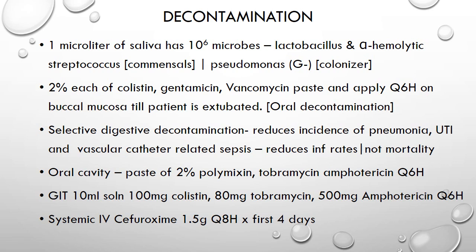Systemically, cefuroxime is given for the first 4 days. There has been a lot of debate about these protocols of decontamination because they don't reduce the mortality, they only reduce the infection rates, and they also reduce the length of ICU stay. The risk and benefit of both have been debated for quite a while, but even though this protocol is worth mentioning.